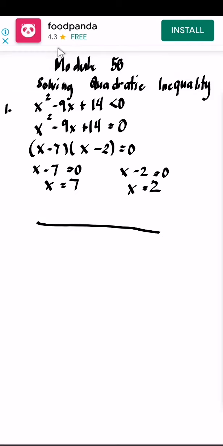Once you have the number line, kailangan nating i-plot yung ating nakuhang values ni x. So, meron tayong 2, 3, 4, 5, 6, 7, 8. Tapos, meron din tayo ditong 1 and then 0. So, yan yung number line natin.